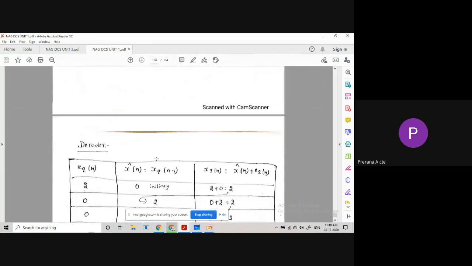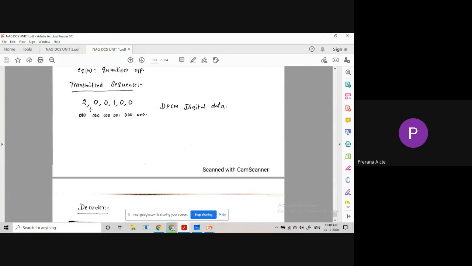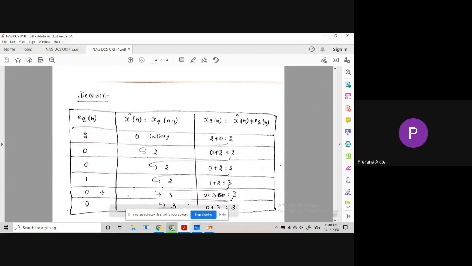See that thing? So what are the input levels? This one only, right? The decoder receives this input data from the DPCM transmitter: 200, 100, 200, 100. Again, because it has the prediction filter, x cap of n is initially 0. Then what is the formula for xq of n?